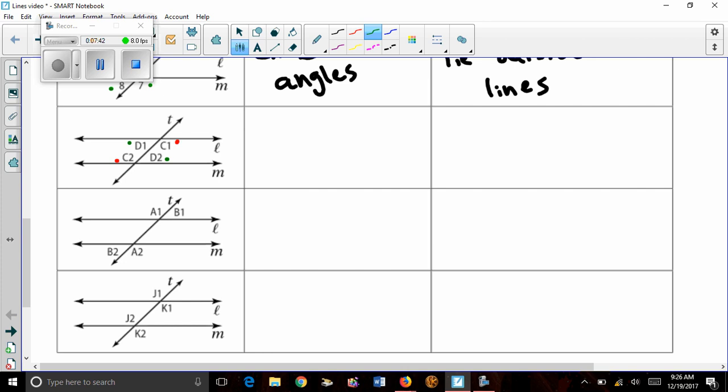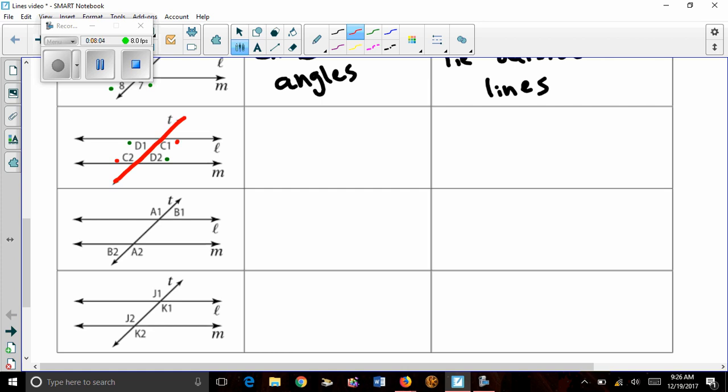We're talking about interior angles, and I want you to think about D1 and D2. Are they on the same side, or are they on opposite sides of the transversal? Remember, the transversal is this line here.